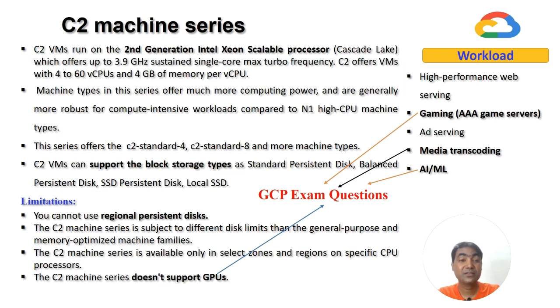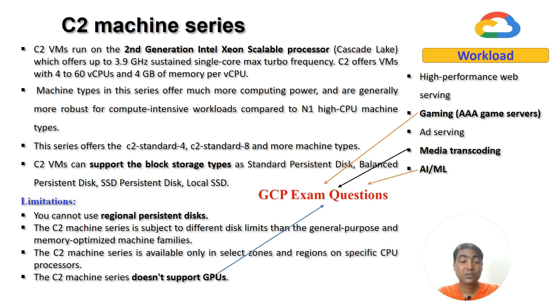Guys, as I mentioned all the points here, you can just remember them. It will be helpful for your Google Cloud examinations. This series offers C2 standard 4, C2 standard 8 and more machine types. C2 VMs can support block storage types such as standard persistent disk, balanced persistent disk, SSD persistent disk and local SSD.